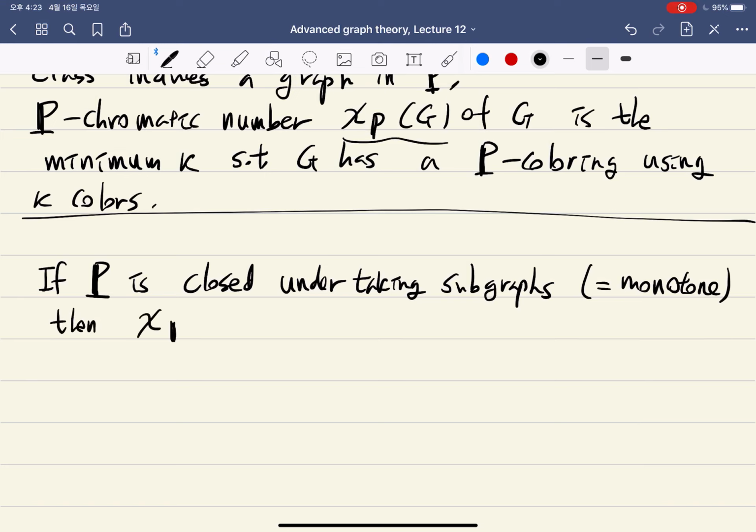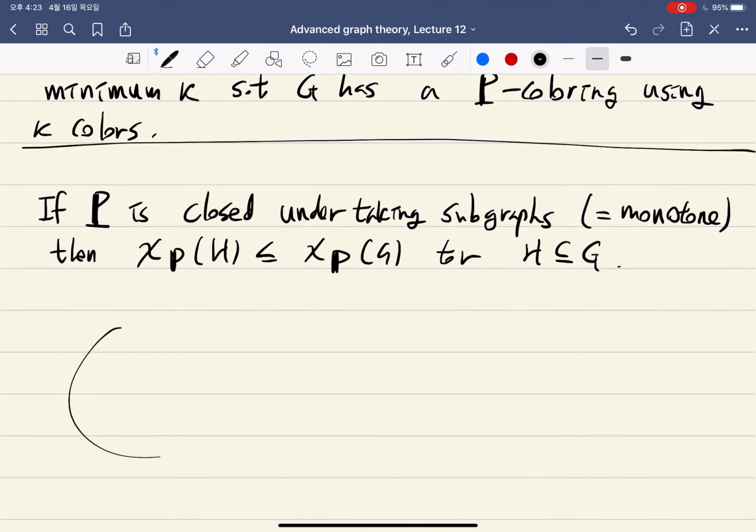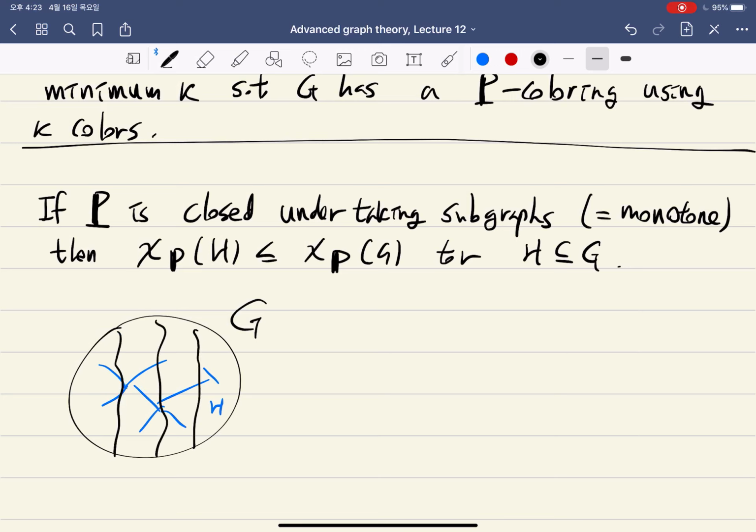Then we have this inequality for H a subgraph of G. Meaning that if we have G and a subgraph H, and G can be partitioned into several classes so that each color class induces a graph in P, then H, which may have fewer vertices and fewer edges, gets a partition induced from it, a subpartition.